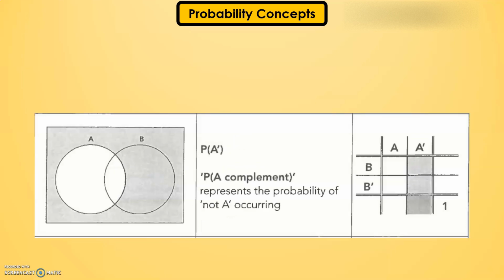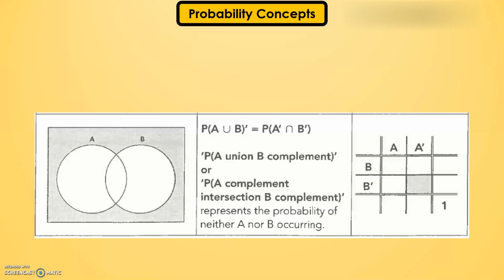Here we've got the complement of A, so that's everything that's not A. So that's 3 and 4. We've got the complement of the union of A and B. And the easiest way to think about it is if 1, 2, 3 is A or B, then the complement of that must be everything else.